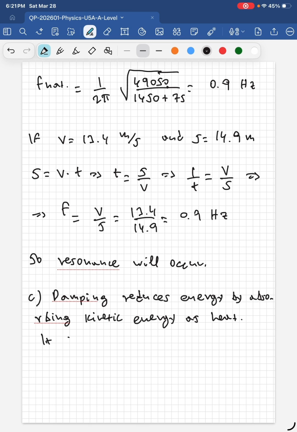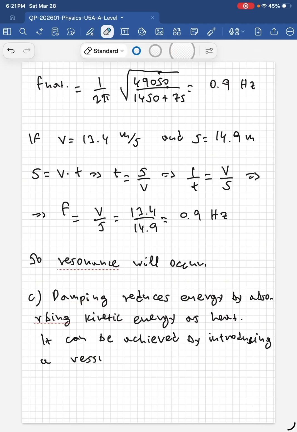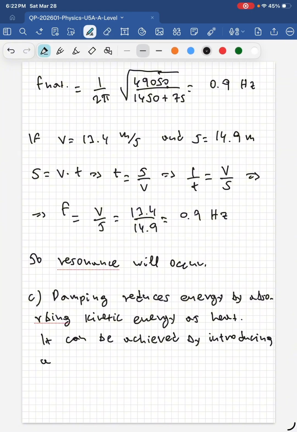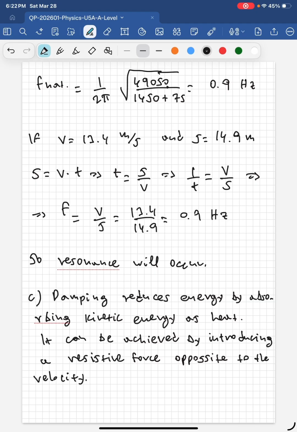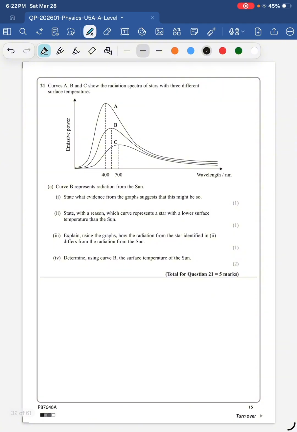It can be achieved by introducing a resistive force opposite to the velocity. Okay, that's an answer.